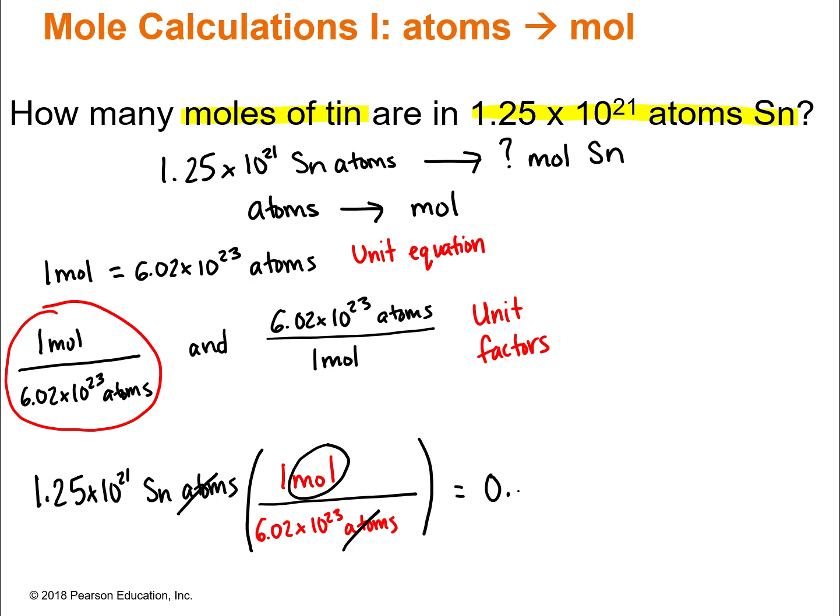Your calculator will tell you this number, and that's with 3 sig figs. But what if we wanted to write this in scientific notation? What we would need to do is take this decimal point and place it after the 2.